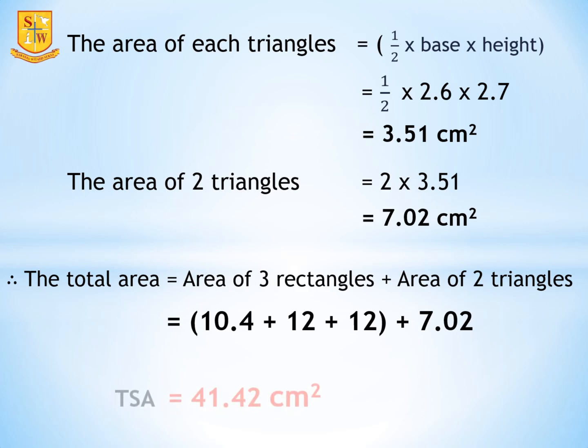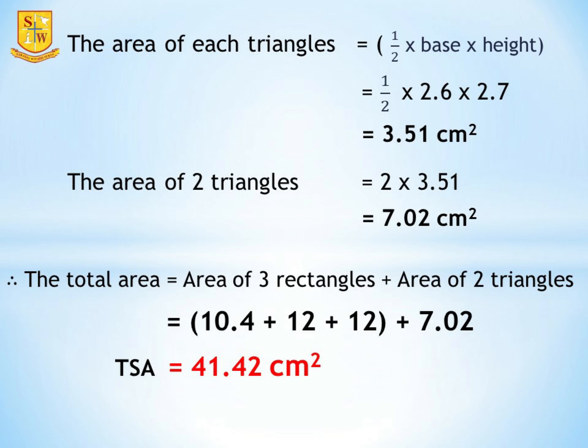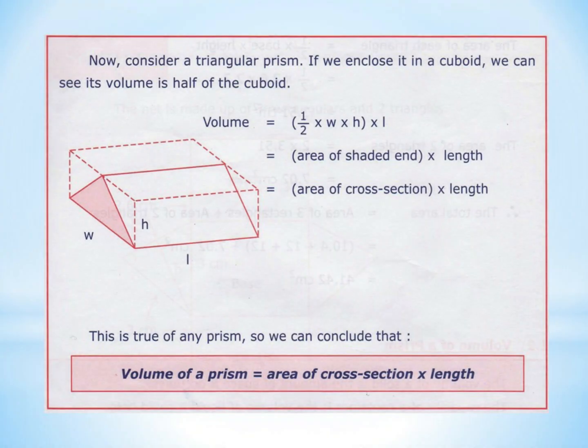Did you get the answer? Wow, very good. The total surface area equals 41.42 centimeters squared. Now, consider a triangular prism. If we enclose it in a cuboid, we can see its volume is half of a cuboid.